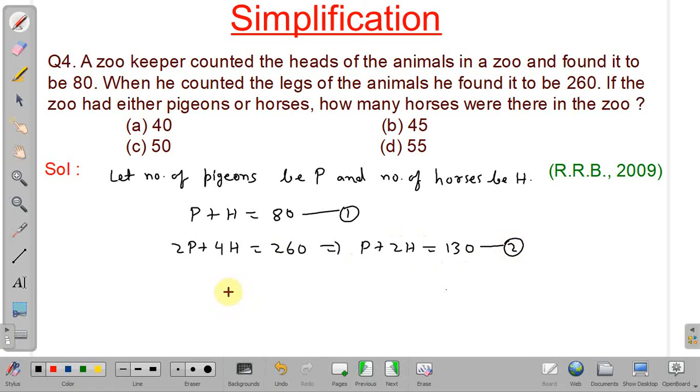Now subtracting equation 1 from equation 2, we will get, see, P will get eliminated and 2H minus H, so it will be H, and 130 minus 80, so it will be equal to 50. So our answer will be option number C.